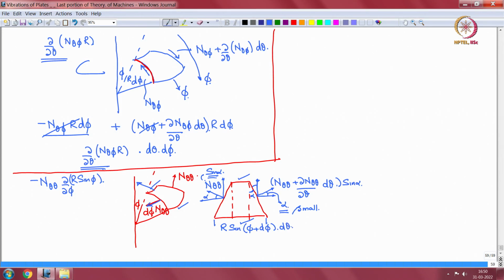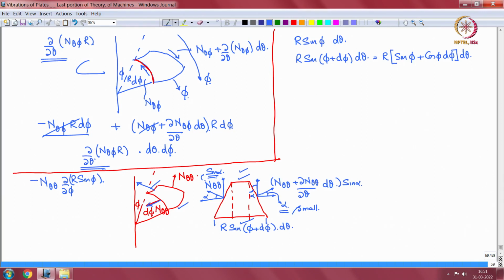The top is r sine phi d theta, and the lower is r sine of phi plus d phi, d theta, which is equal to r sine phi cos d phi, which is 1, plus cos phi sine d phi, which is d phi, into d theta.